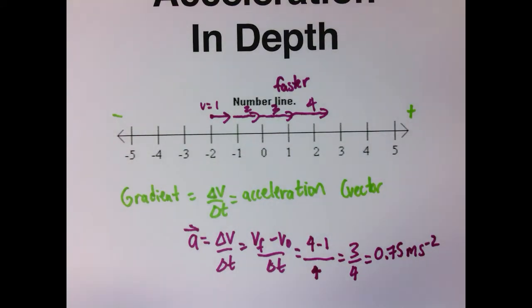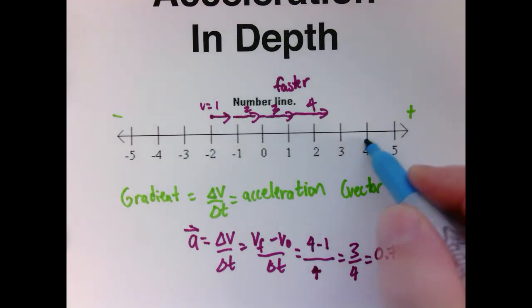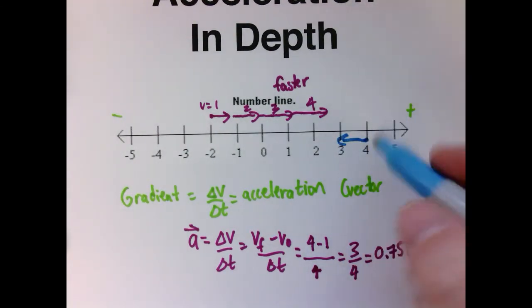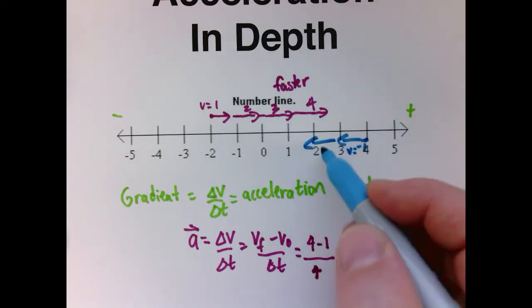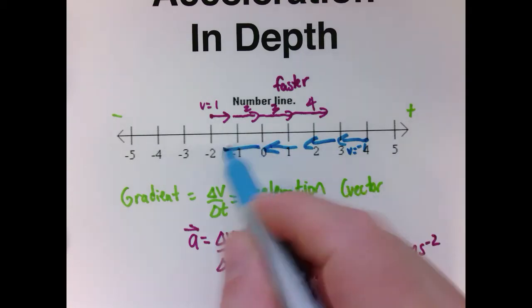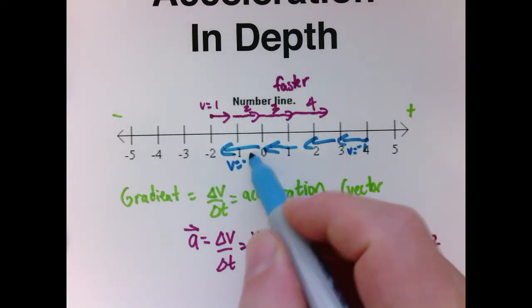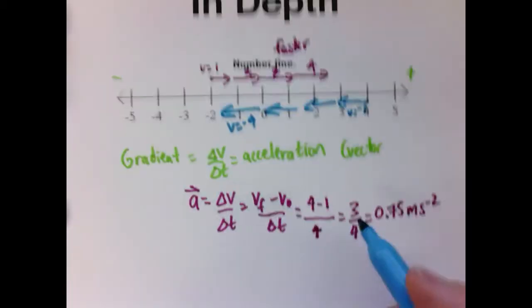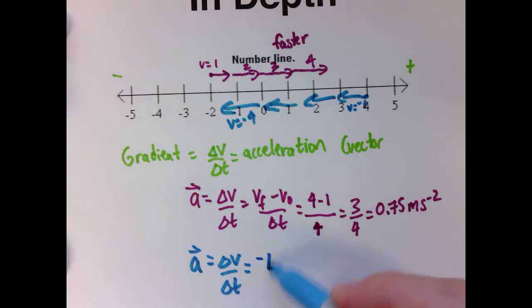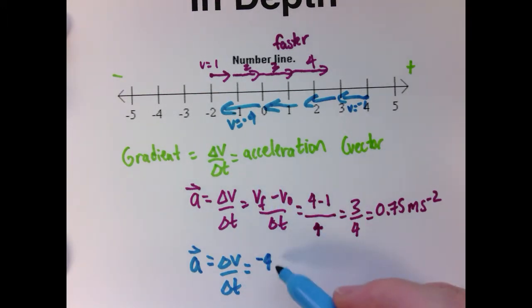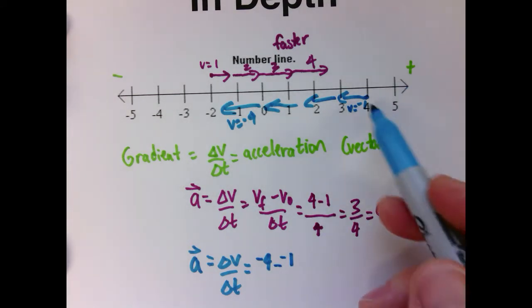Let us consider the reverse. Let us suppose we are here, like this, traveling in this direction, and we have a velocity of -1, and then -2, and then -3, and then -4, like so. Well, then our acceleration would be delta V over delta T, which is -4, our final velocity, minus a -1, our original velocity, initial velocity.